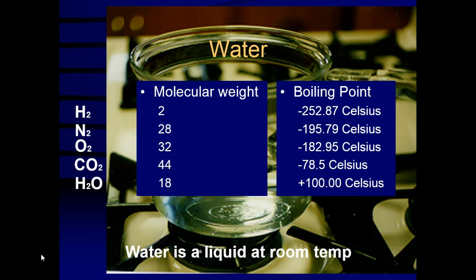And of course, it's going to stay a gas most of the time. In fact, as you can see, in order for it to become a liquid, we have to go below the boiling point. So for liquid hydrogen, that has to be less than minus 252 degrees centigrade or Celsius. That's really, really cold. Right?